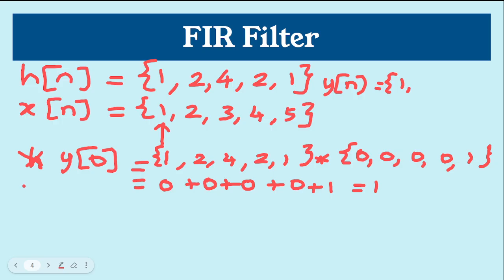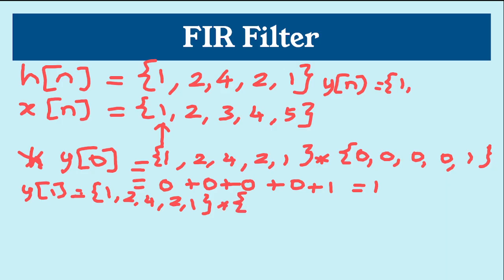Then let's calculate y of 1. You get 1 2 4 2 1, which is the filter coefficients, and we got the second signal now. We move this element to here, this element to here, this element to here, and this element to here, and we store the new signal here, which is 2 in this case.